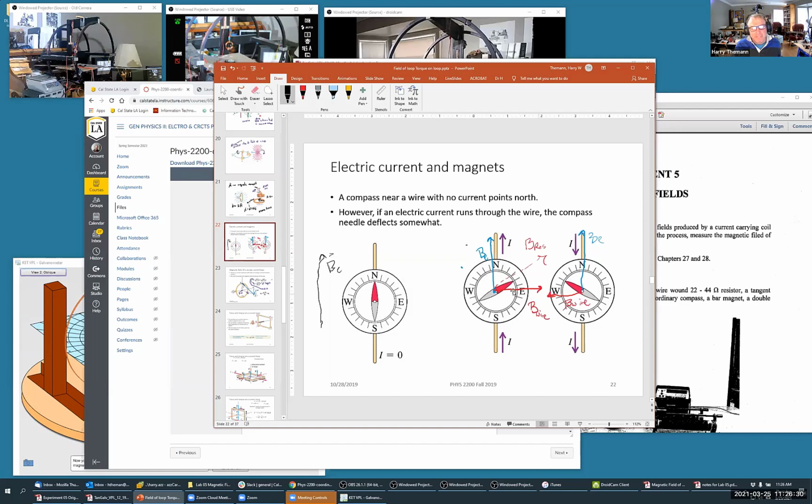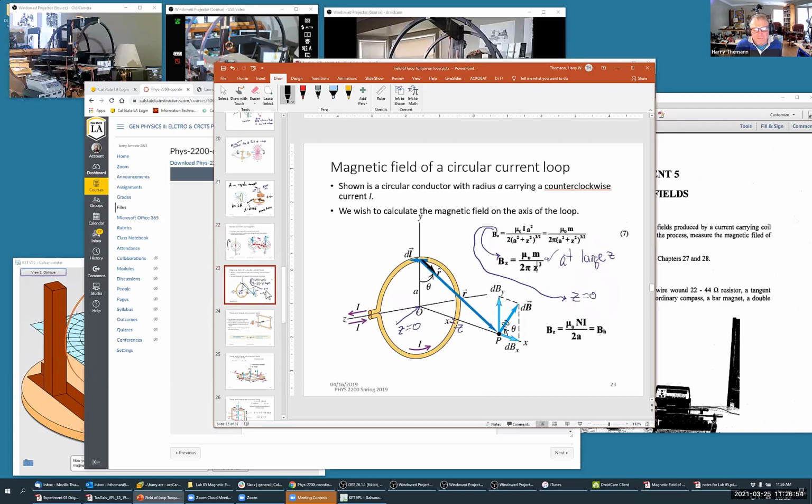You set up a known B field at right angles, and if the resultant is at 45 degrees, you know that your known B field is equal to the thing you're trying to measure, and in this case, it's the Earth's B horizontal. Oh yeah, in this case, there you go. That's right.